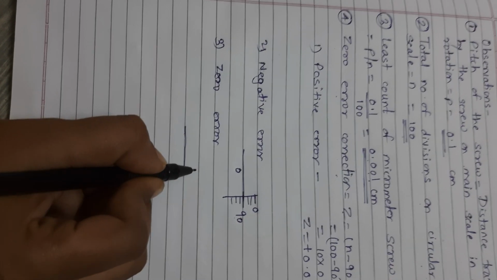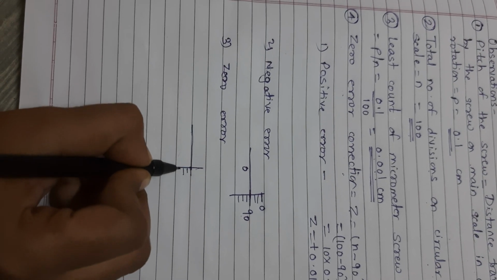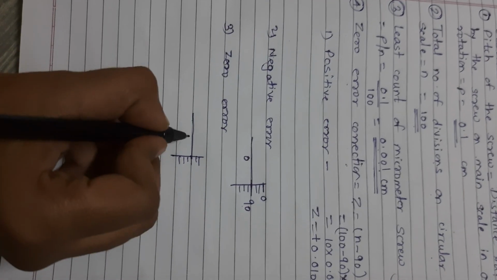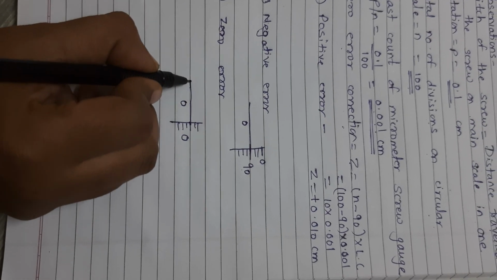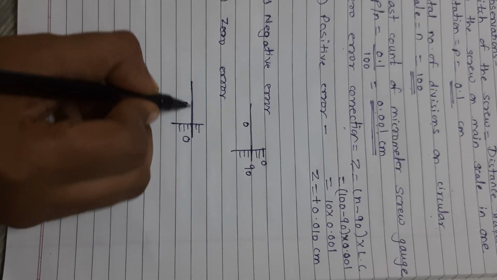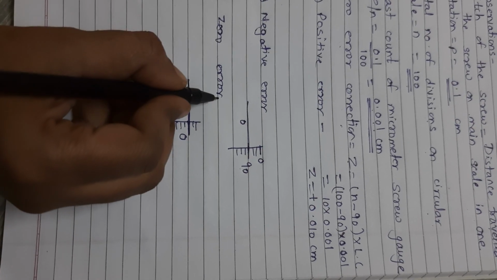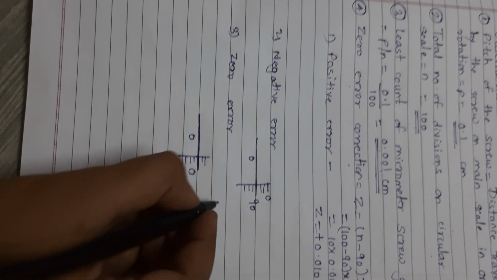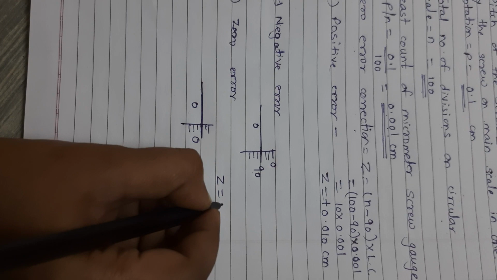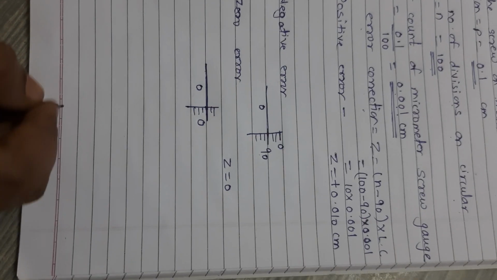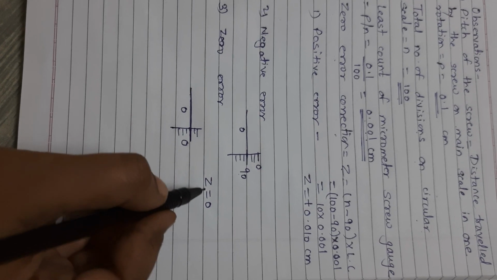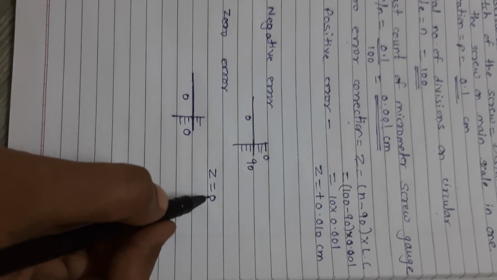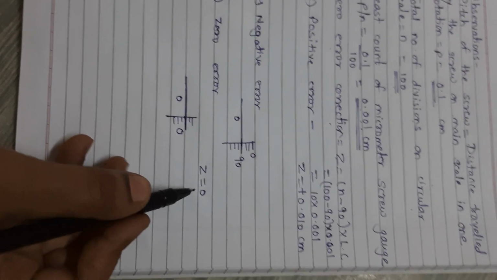Suppose this is the axial line and this is the circular scale. If the 0 of the circular scale is exactly coinciding with the axial line, then it is called zero error. At that time Z has value 0. That means for the corrected reading, the total reading plus or minus 0, we get the corrected reading equals the total reading.